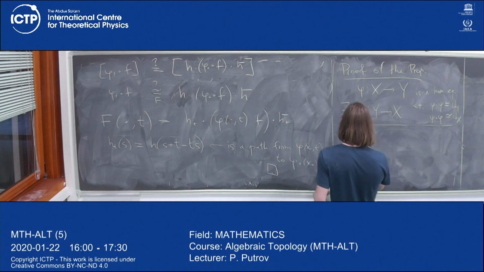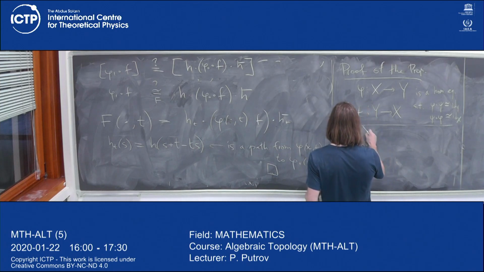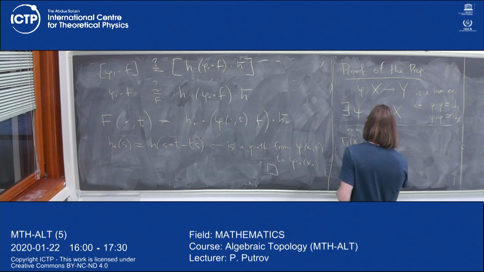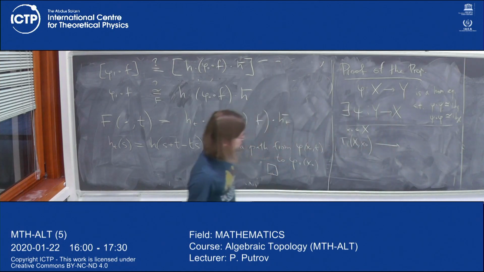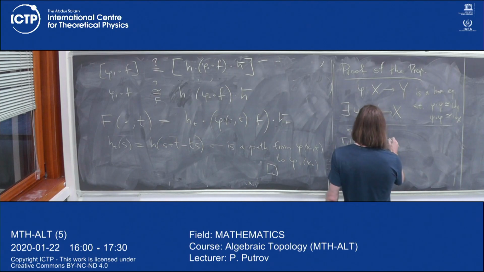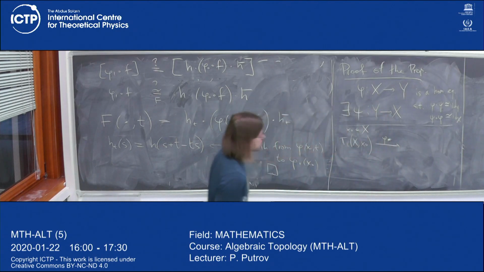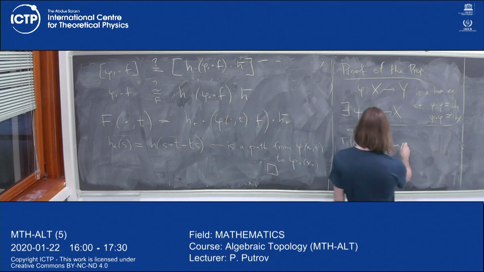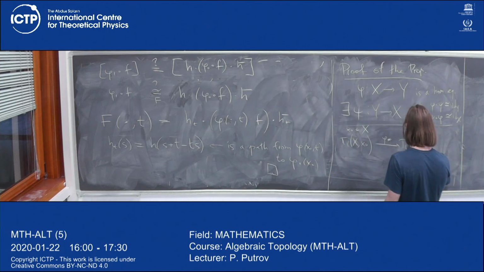So let me fix some base point x0 in x. Let me start with pi 1 of x and x0, so I can apply the induced map of phi like this. It will map to pi 1 of y, phi of x0.